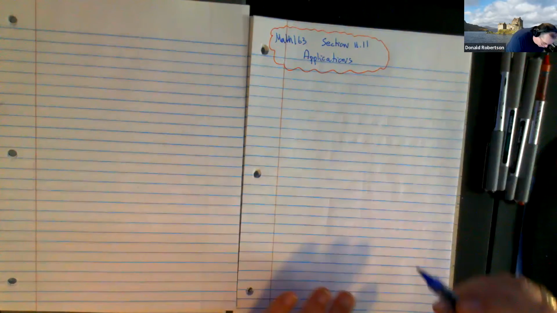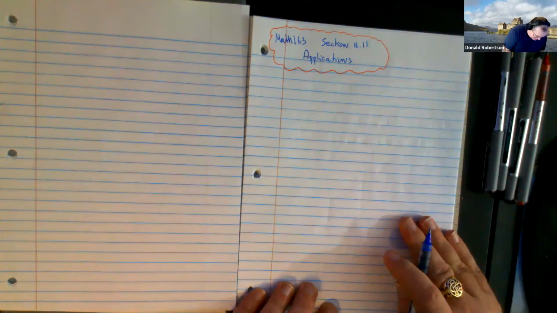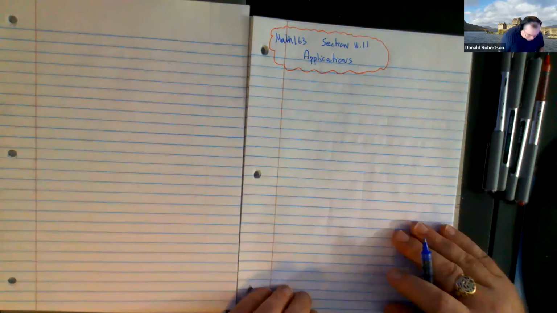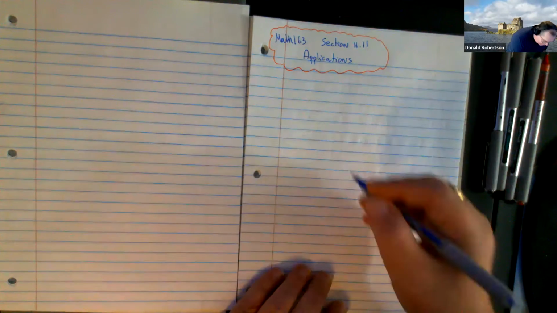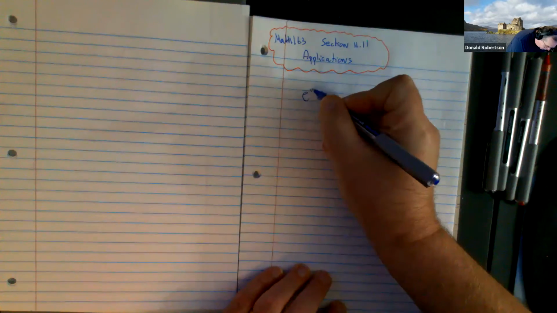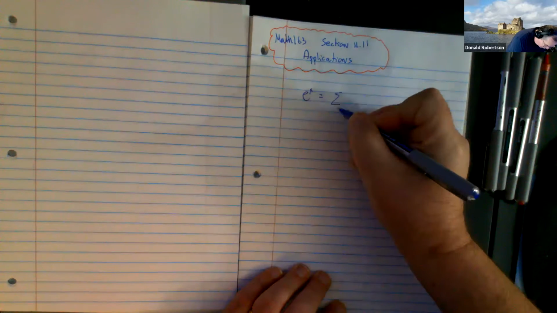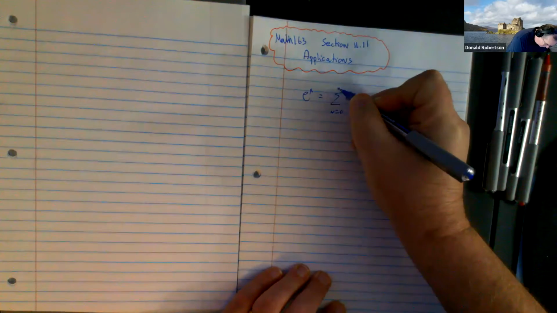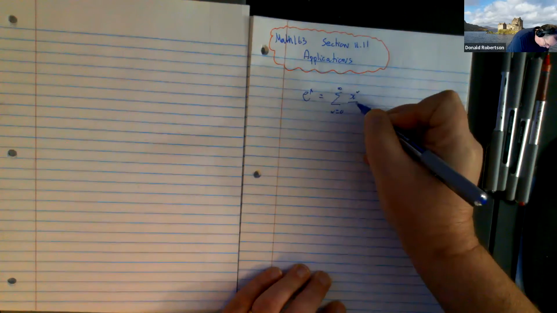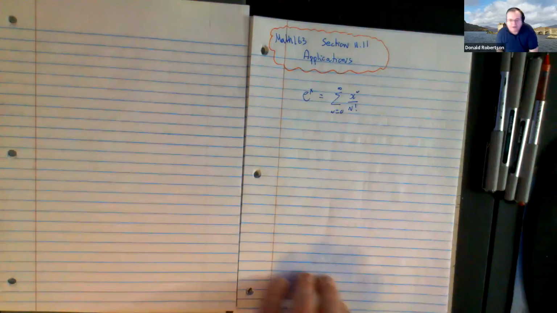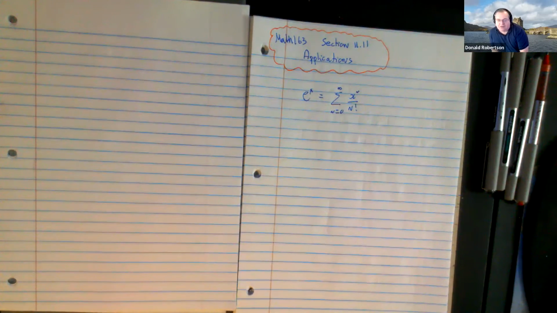So we have done power series, in particular Maclaurin series. And I'm going to give you a Maclaurin series already pre-done. My favorite Maclaurin series in the world, e to the x. It's such an elegant power series, isn't it?